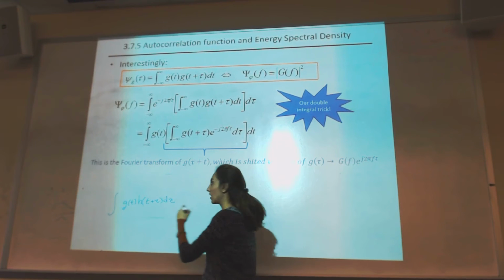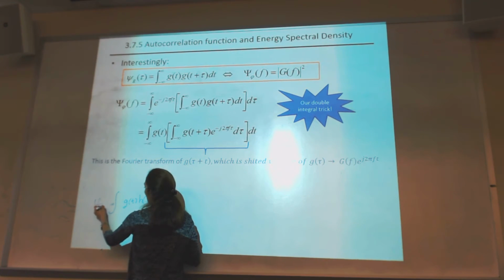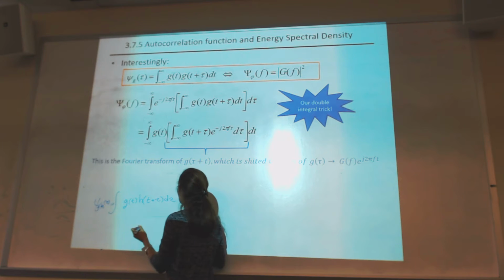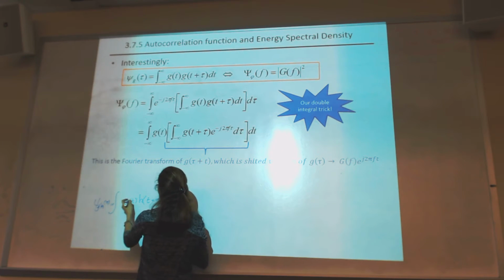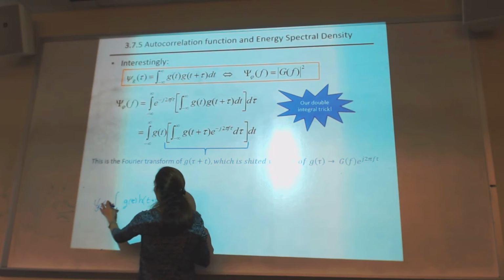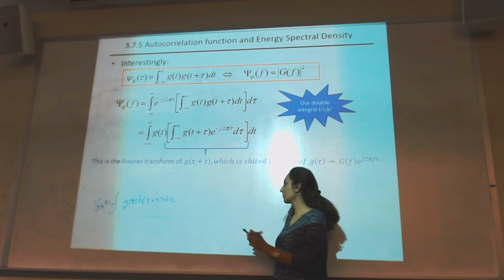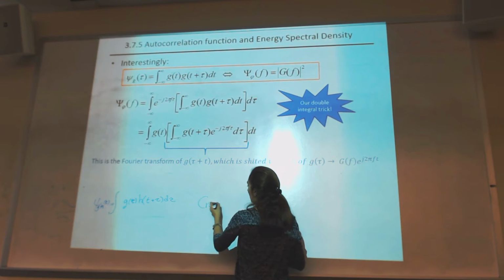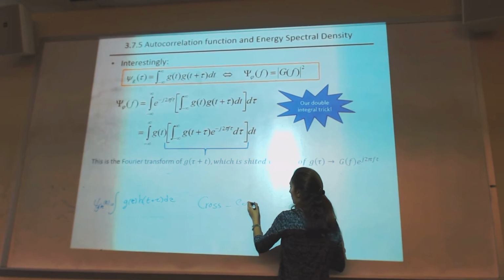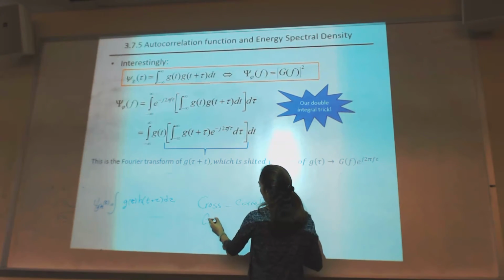And we call it psi GH. Anyone remember we call this cross correlation?